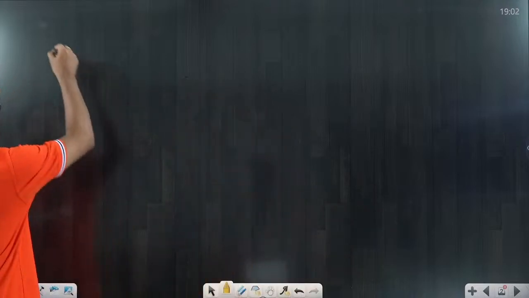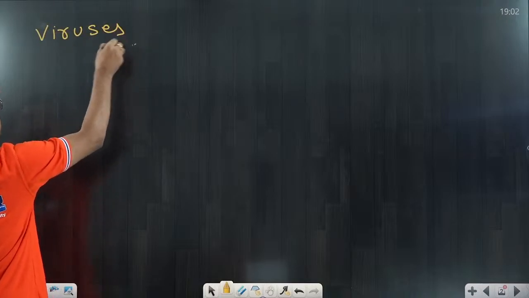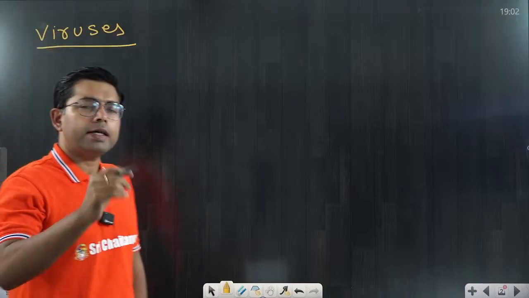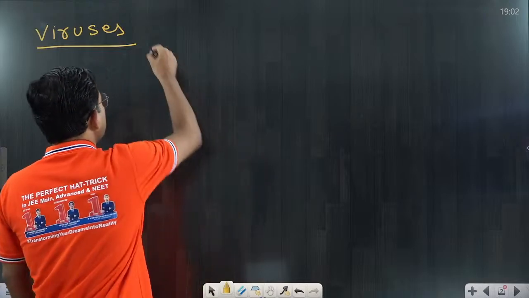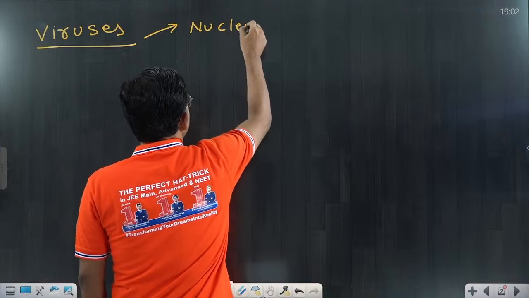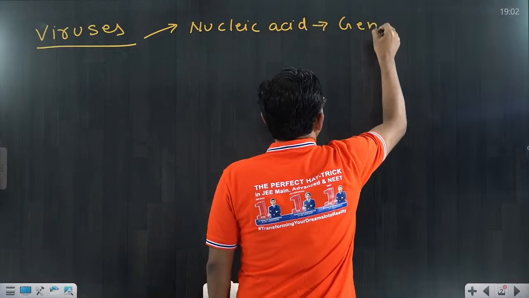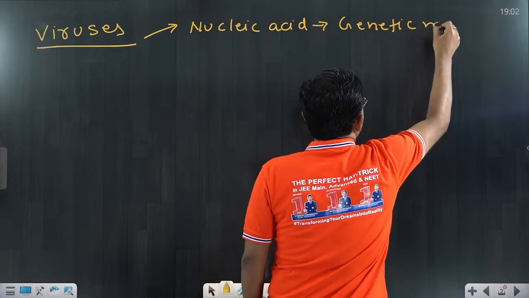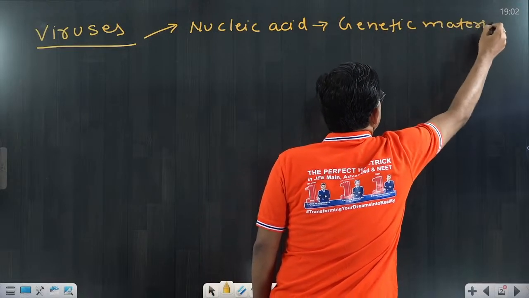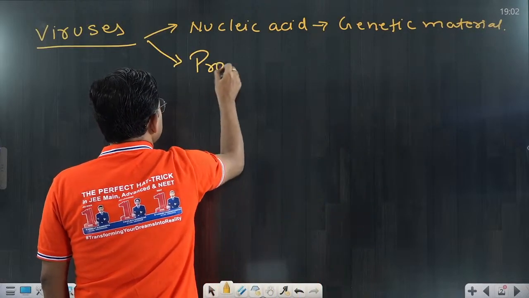First we talked about viruses. A virus has two components. First, it has nucleic acid, which acts as the genetic material. Then viruses have proteins.